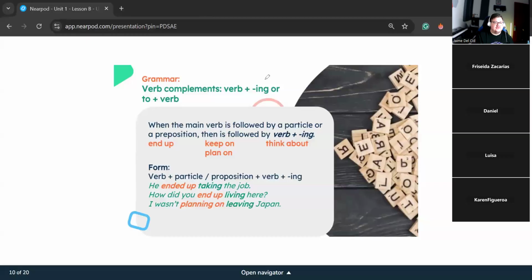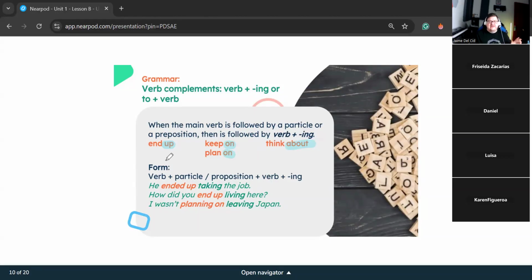When you have a particle or a preposition, cuenta como una partícula o una preposición. Palabras como end up, esto es una partícula. On, in, at, about, esas son preposiciones, okay? So you have verbs that already have that. Se recuerdan que los phrasal verbs son verbos que están compuestos por dos palabras, ¿verdad?